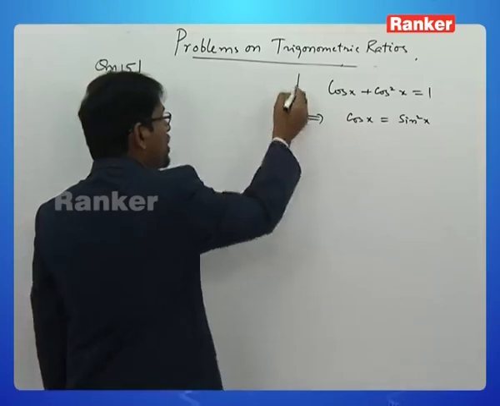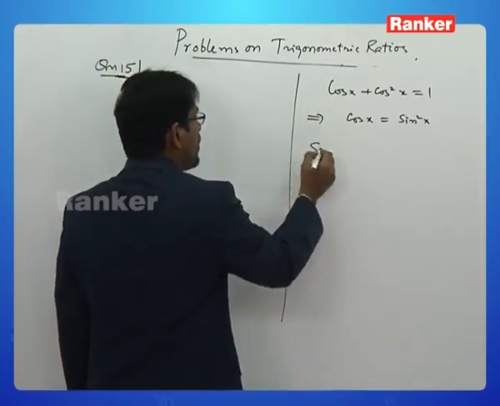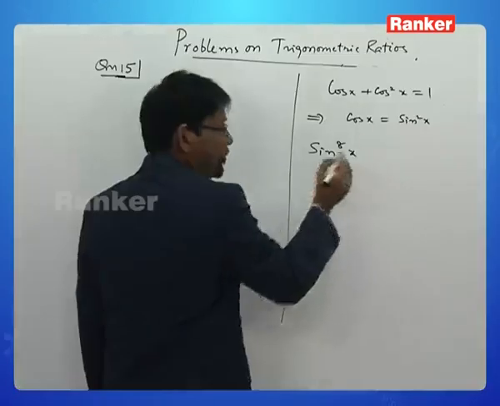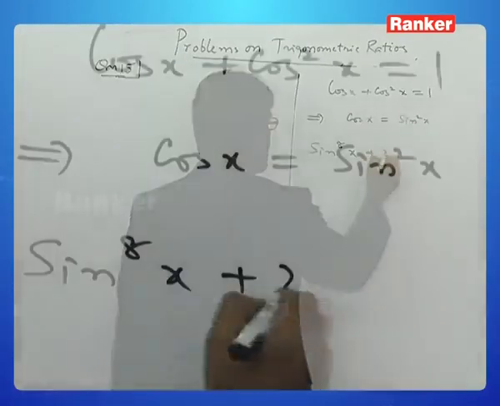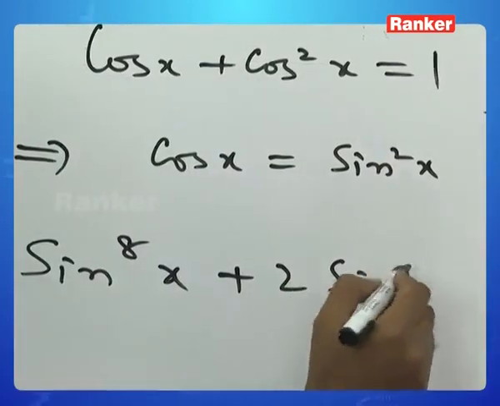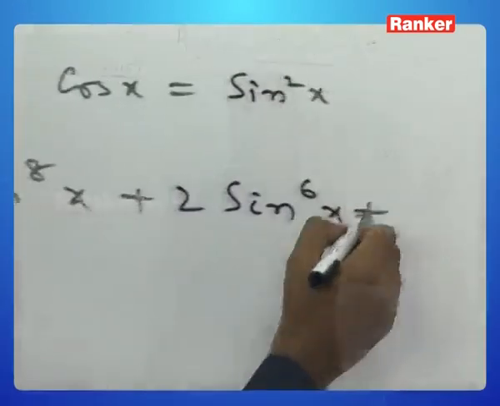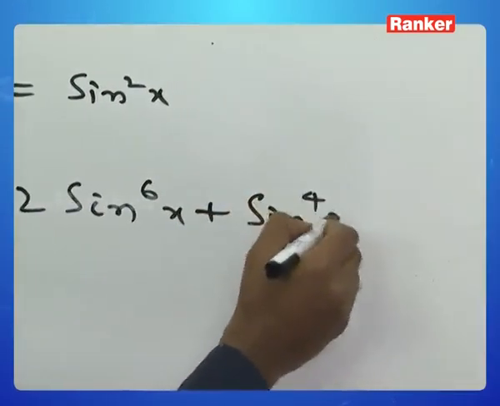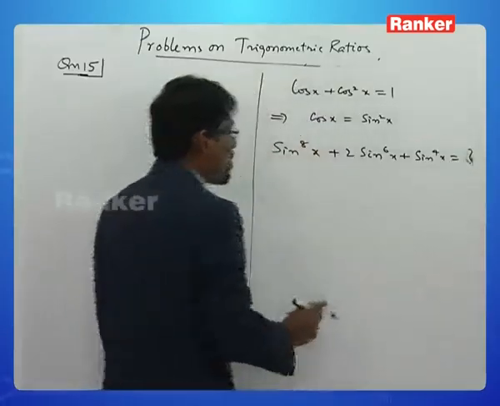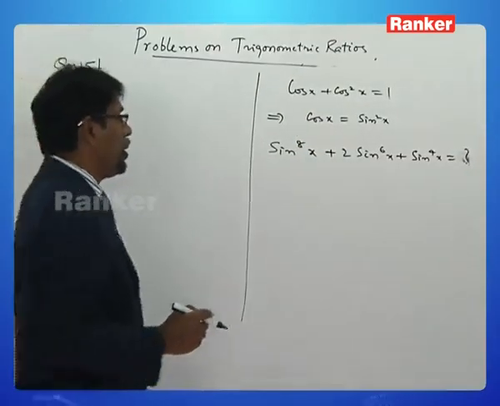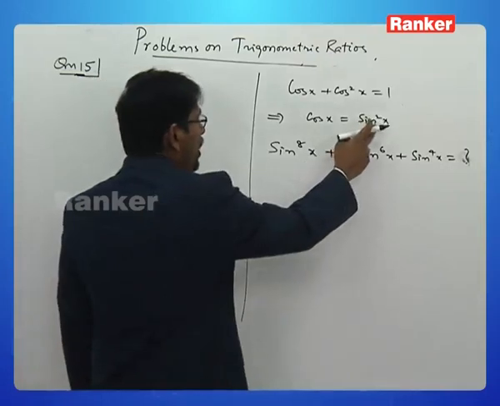We have an expression sin power 8x plus 2 sin power 6x plus sin power 4x is equal to, find out. Okay. Now what is sin square?